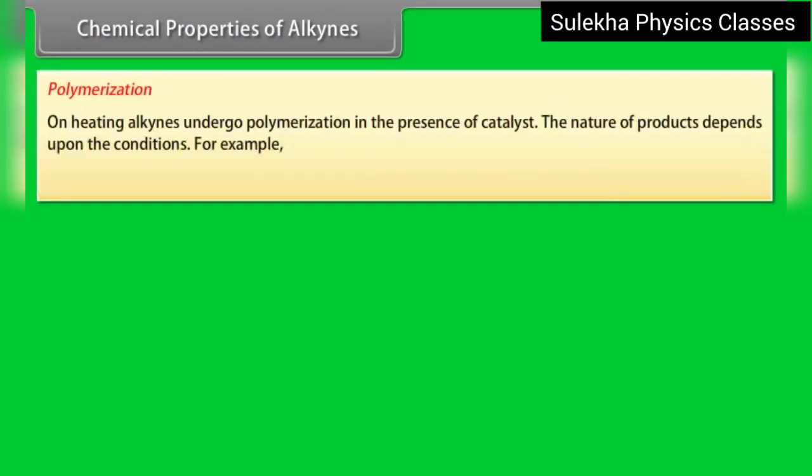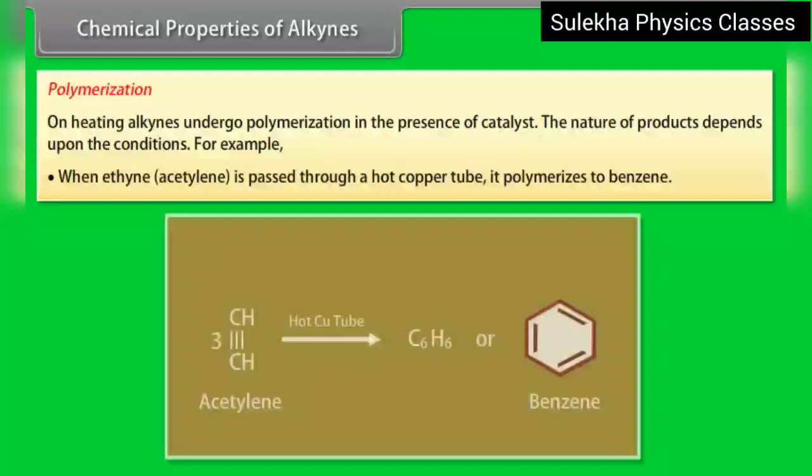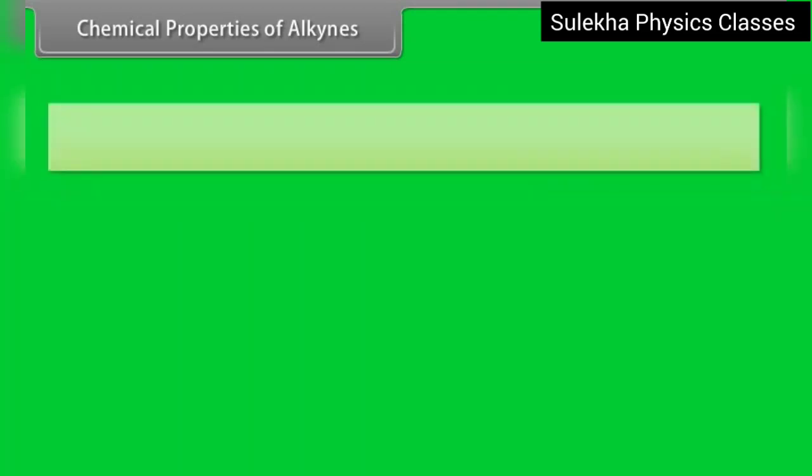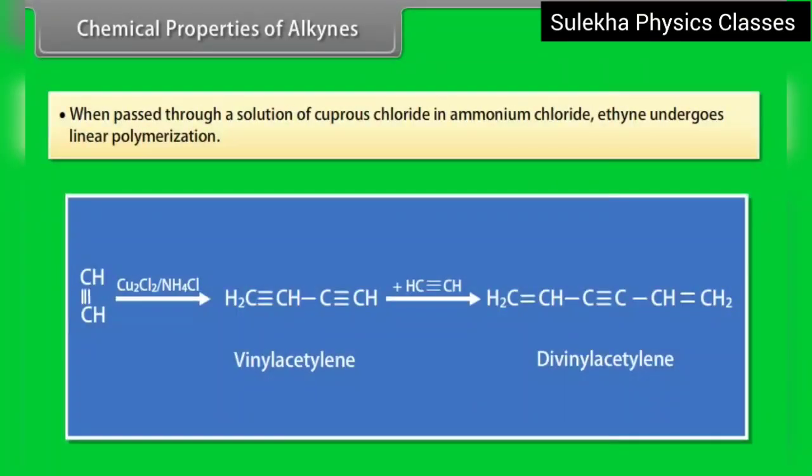On heating, alkynes undergo polymerization in the presence of catalyst. The nature of products depends upon the conditions. For example, when ethyne, acetylene, is passed through a hot copper tube, it polymerizes to benzene. When passed through a solution of cuprous chloride in ammonium chloride, ethyne undergoes linear polymerization.